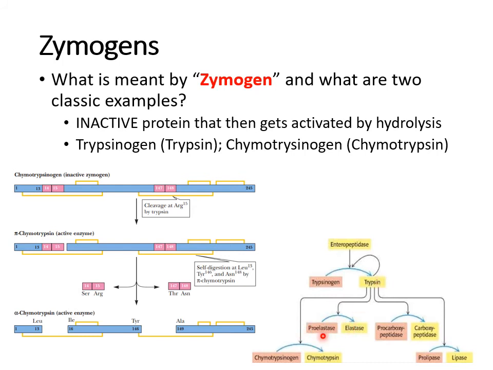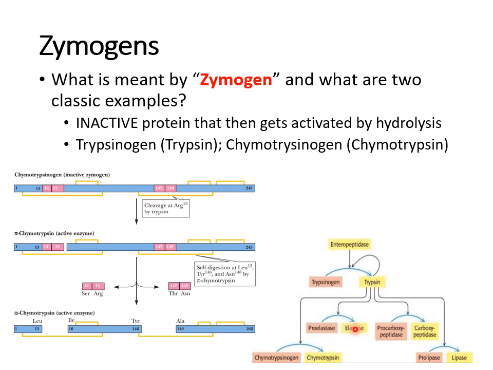In each of these examples, the red one is the zymogen that then gets activated into the proper enzyme. Trypsin and chymotrypsin are proteolytic enzymes. The small intestine is where you want their digestive properties, but they're actually synthesized in the pancreas.